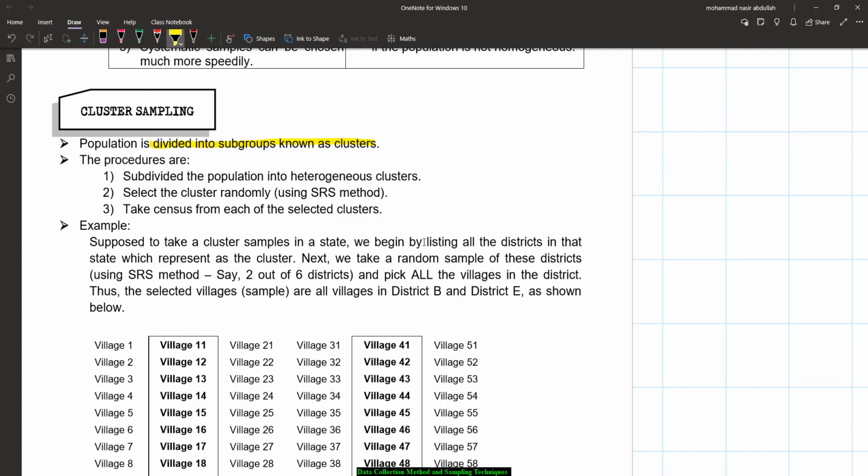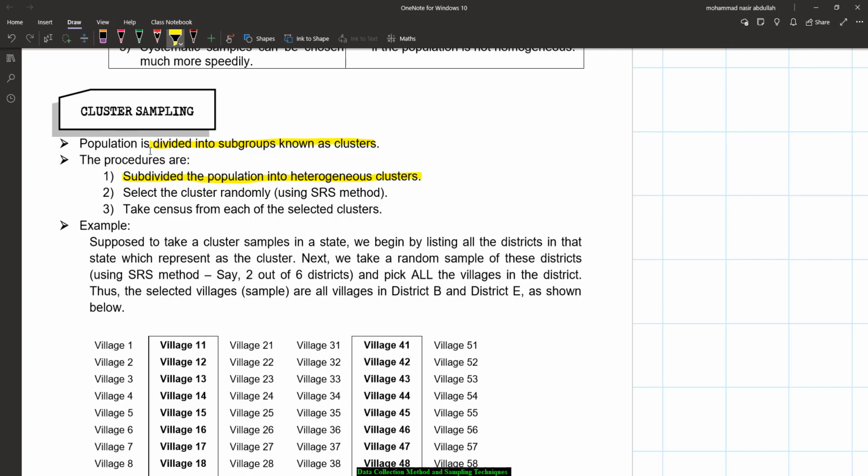When you have a very large population, you cannot do stratified, it is very impossible. So the procedure is to subdivide the population into heterogeneous clusters.